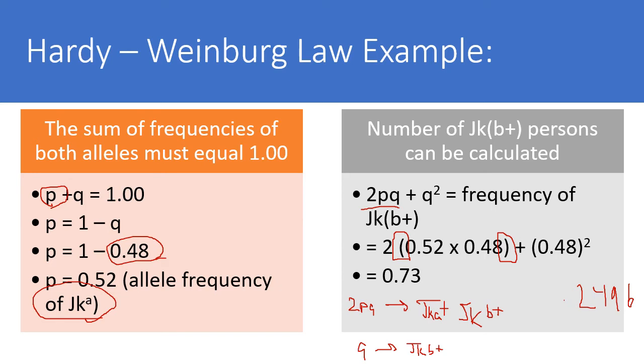Then you take the 0.2496, multiply that times 2, and add the 0.2304 from the 0.48 squared to get 0.73. Okay, so you're going to have to commit that Hardy-Weinberg equation into memory, because unfortunately some things just have to be memorized.